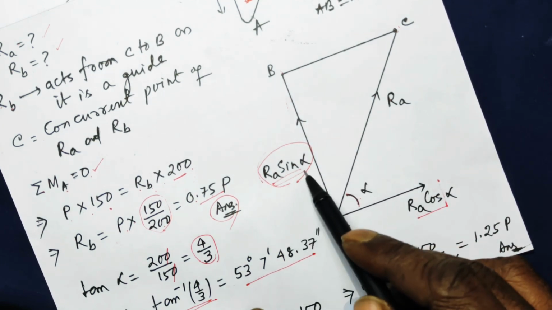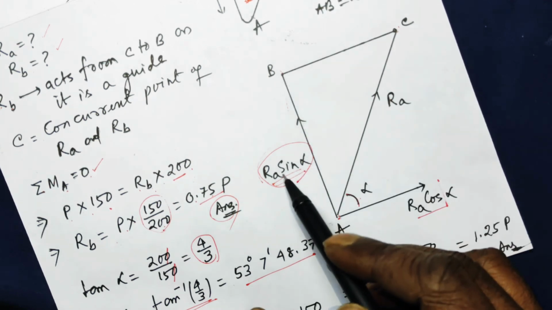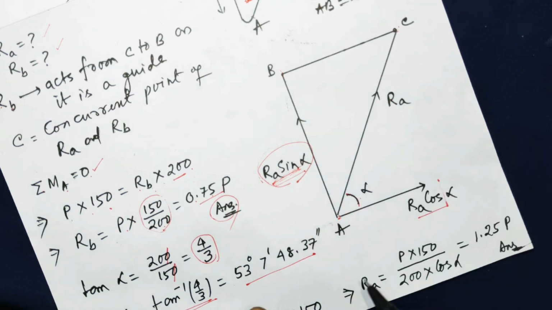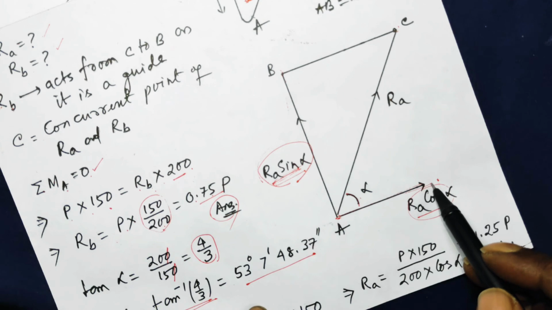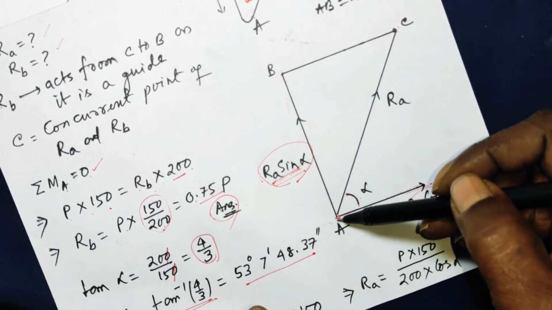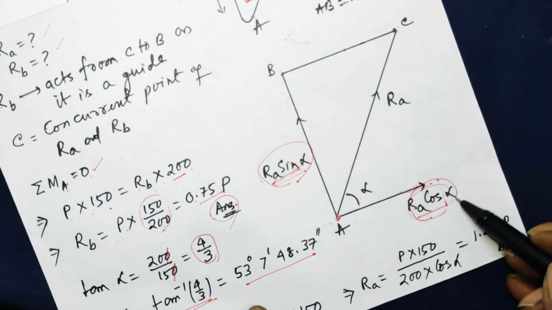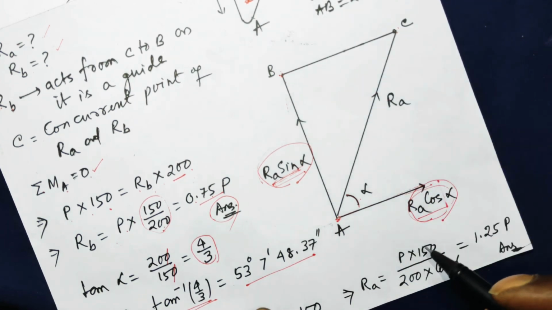So RA sin alpha will not have a turning effect about point B. Whereas RA cos alpha, which is pointing to this side, with point B here, from B to A, which is equal to 200 mm, is the perpendicular distance of RA cos alpha from point B as the moment center.